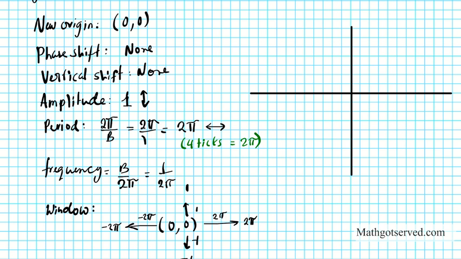I'm going to use 2 boxes for a tick mark, so 1, 2, 3, 4. All right, that's 2 pi. This is pi. This is pi over 2. And this is 3 pi over 2. In the other direction, 1, 2, 3, 4. This is negative 2 pi. This is negative pi. And we can fill out the rest.